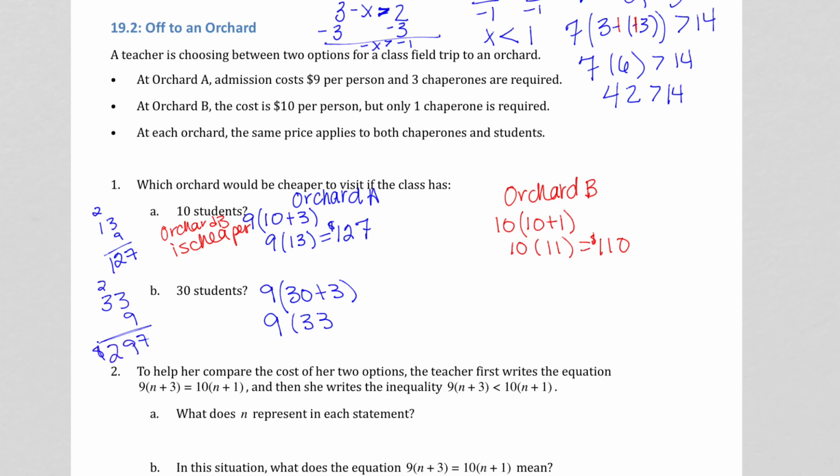So it's 293. Orchard B. So again, we're going to do 10 times 30 plus 3. And then 10 times 33, because we're adding those together. Then we're just going to add a 0, so $330. Now we have Orchard A being cheaper.